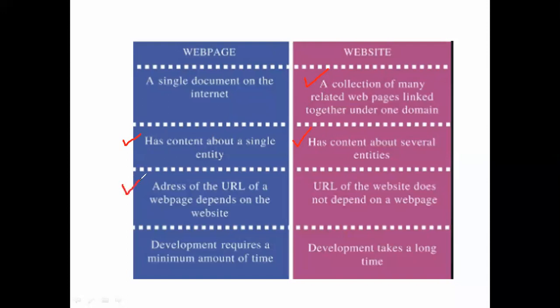As I said earlier, the address of the web page depends on the website, but the URL of the website does not depend on the web page. While talking about development time, a web page takes less time, whereas a website takes a long time for development.